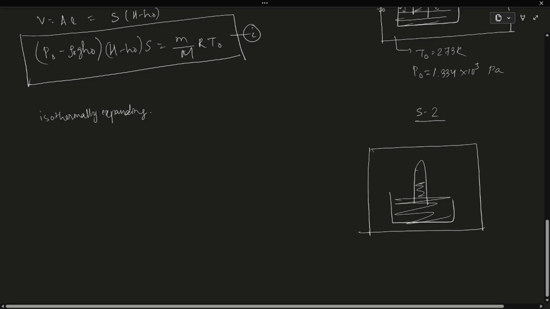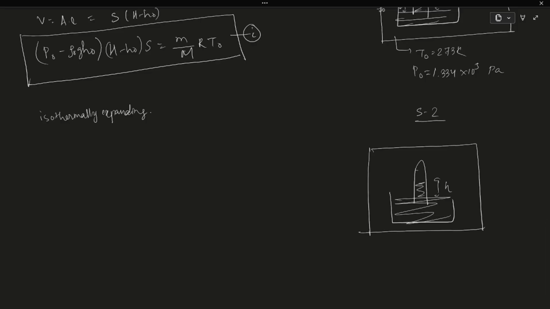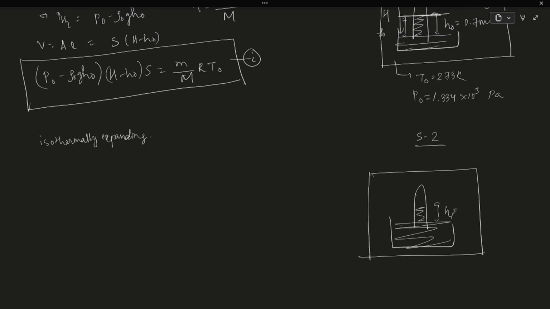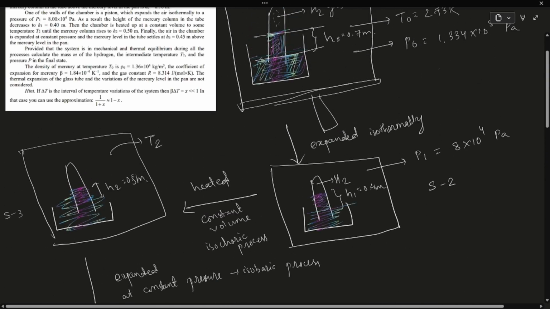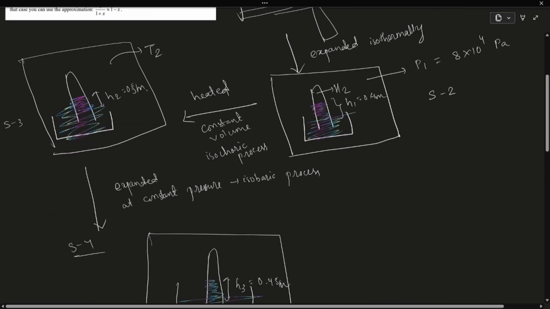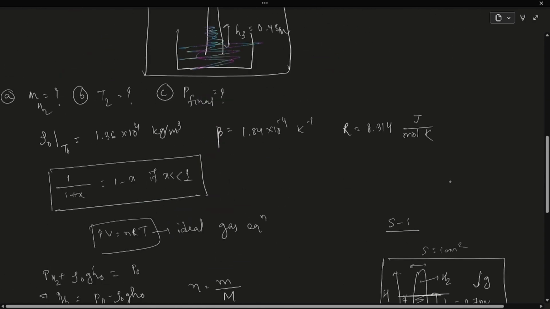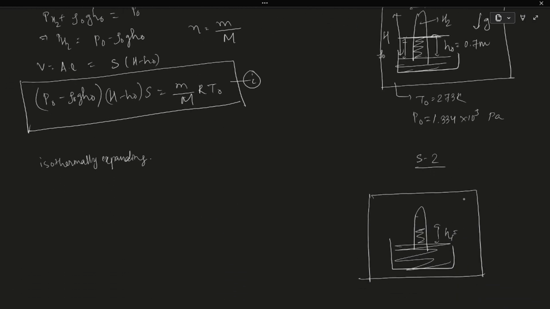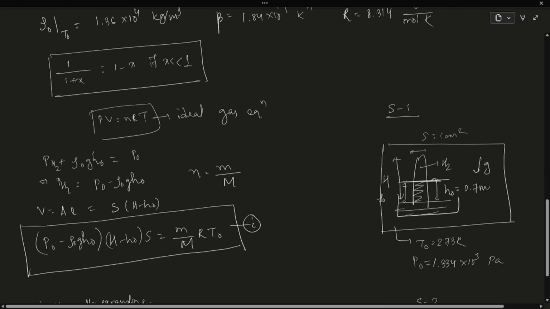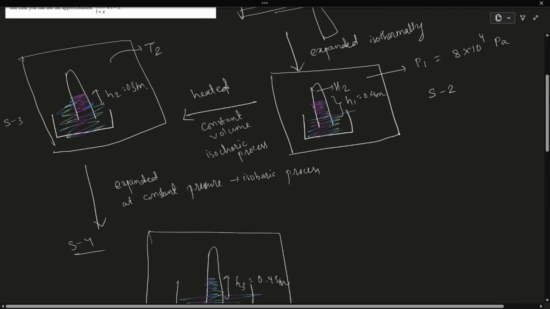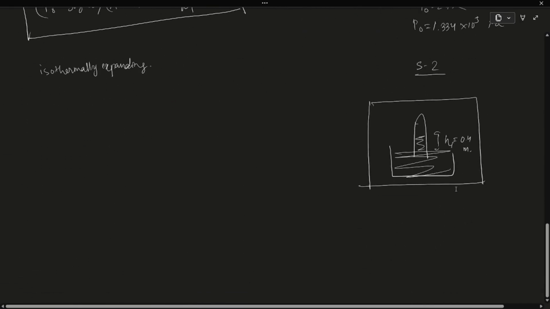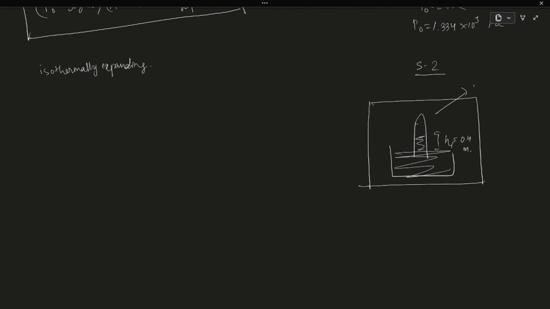Here is our mercury. This height h1 is given as 0.4 meter. Then the pressure P1 is 8 into 10 to the power 4 Pascal.